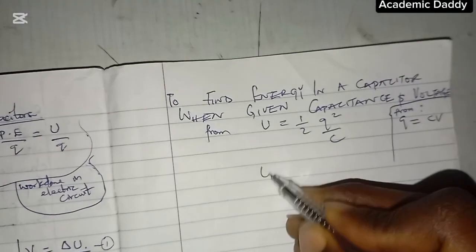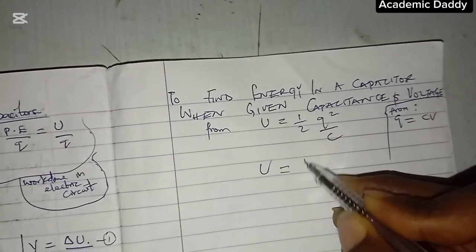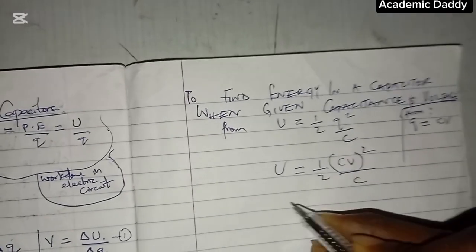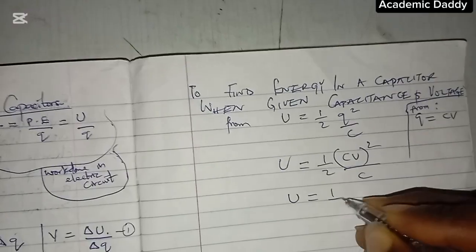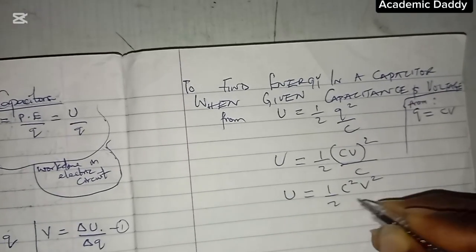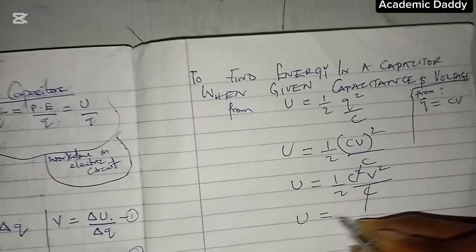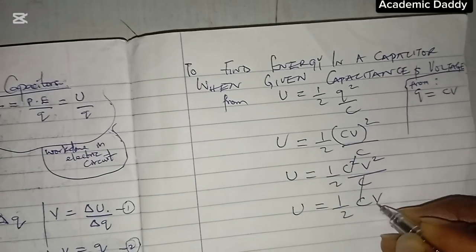So we can replace Q here with CV. So we can say one half CV squared all over C. So U is equal to half C squared V squared over C. This will cancel this, so that U is equal to half CV squared.